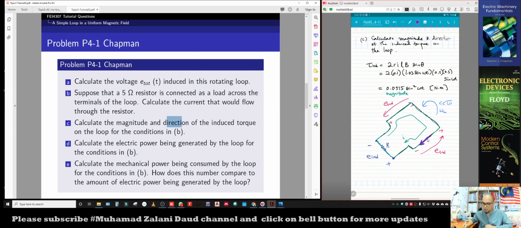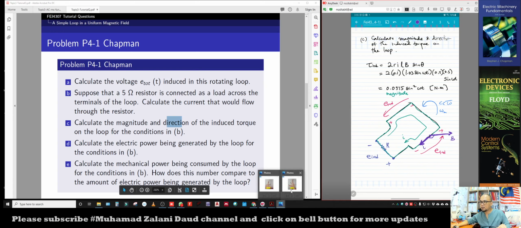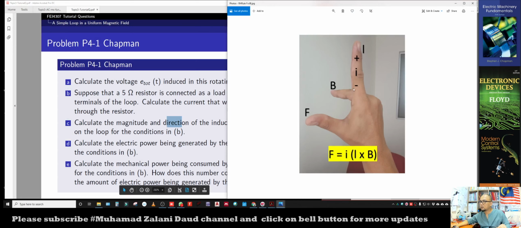Then the direction of the magnetic field is supposed to be that direction. This is perpendicular. This is B, this is I. So what is the direction of the force? Using the right hand rule.